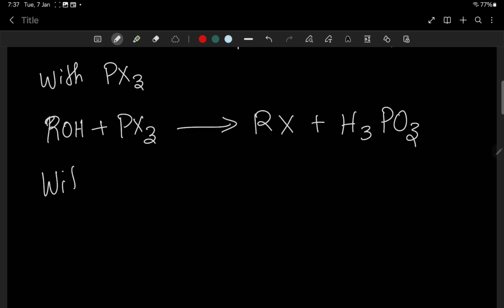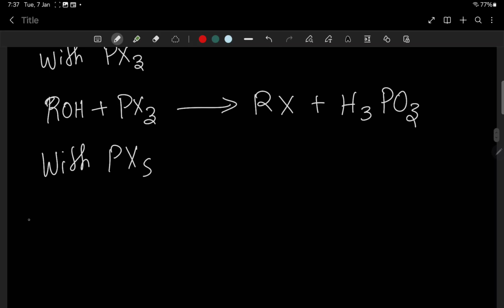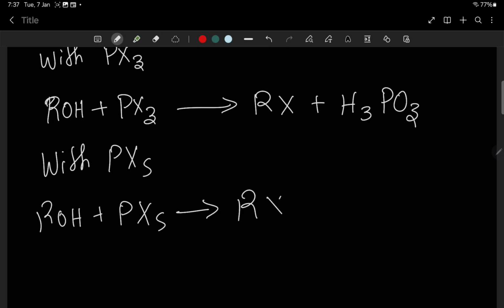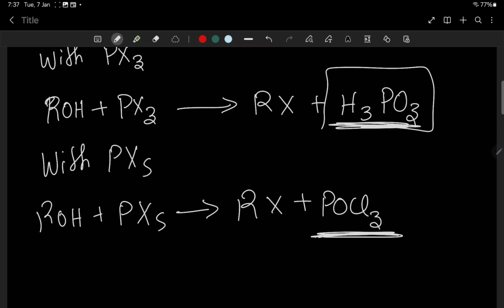Now there is another reaction with PX5, that is phosphorus pentahalide, ROH plus PX5. This also gives us RX. Then what we get, and this is very important, is POCl3. When we use PX3 we get H3PO3.